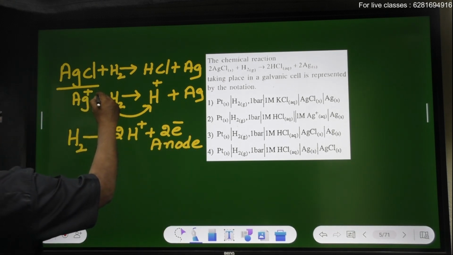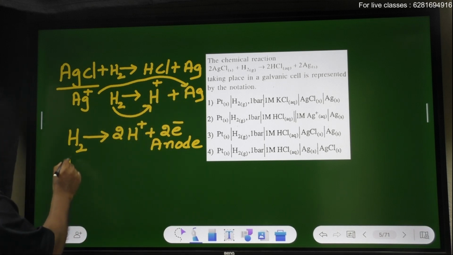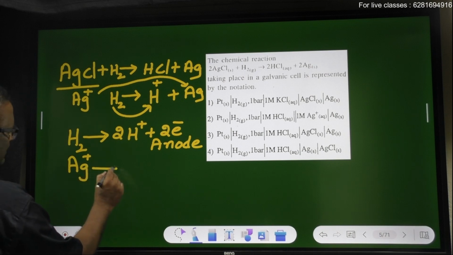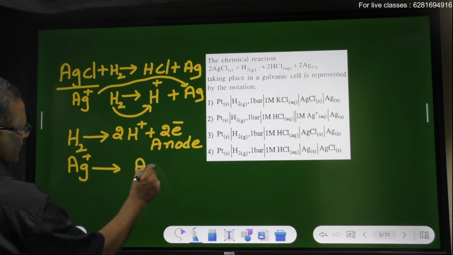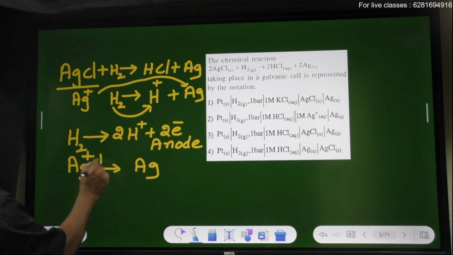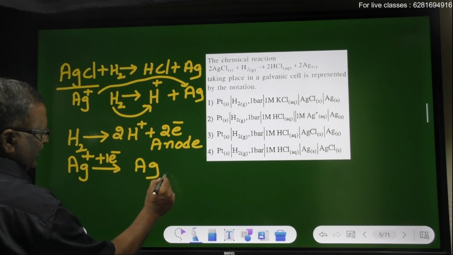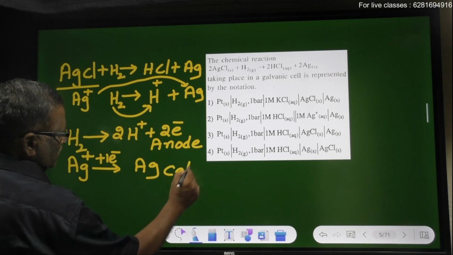Now Ag+ ions are converted to Ag. This happens when Ag+ accepts 1 electron. That means it is reduced. So reduction will take place at the cathode.